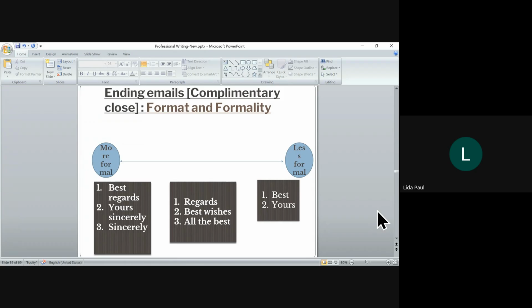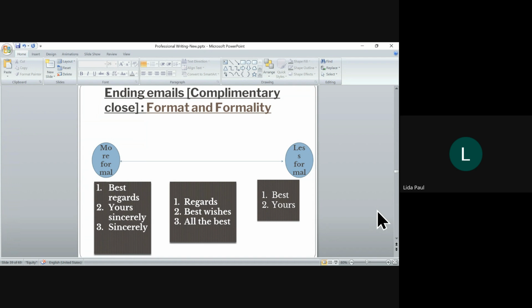And then you have the last one, which is considered the least formal. So best and yours, those are the two options you have. Sometimes, you could also avoid giving any complimentary clause. So in informal or least formal kinds of emails, sometimes people just close without even the complimentary clause, right? They just write that one line, what they want to say.